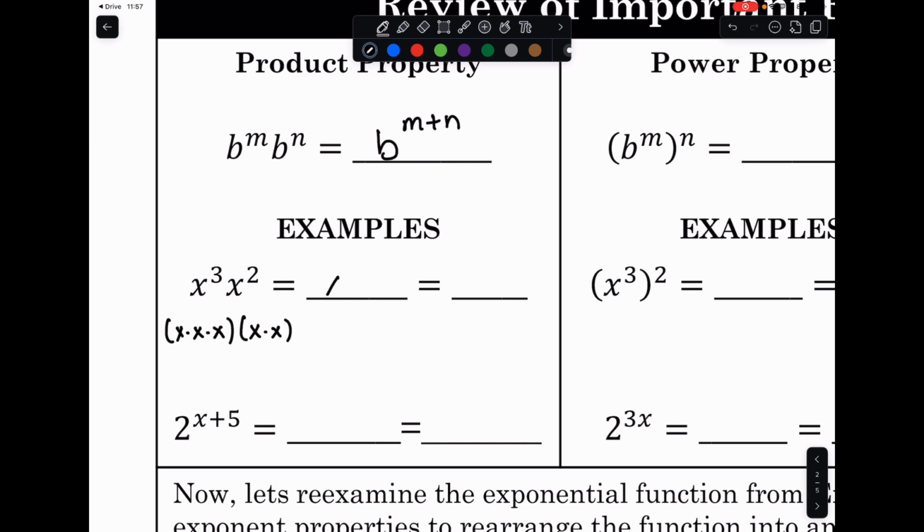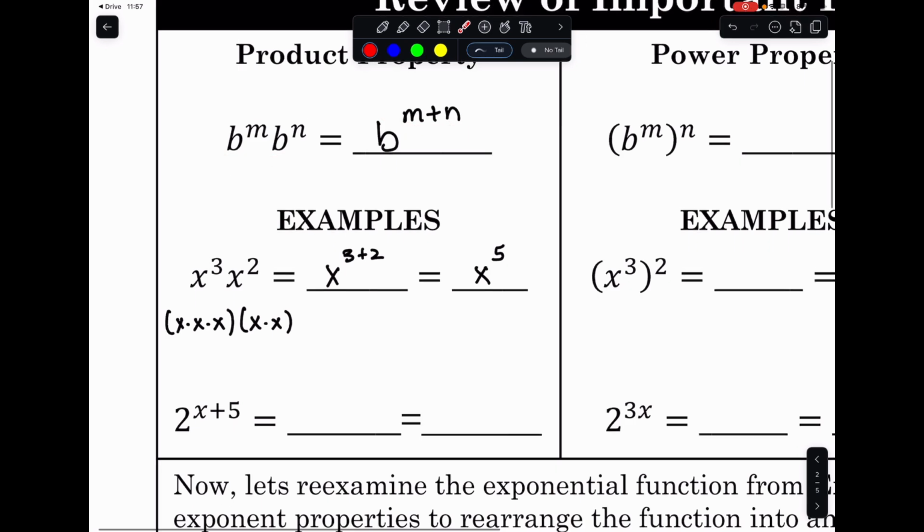So here, this is going to equal x to the 3 plus 2, which is x to the fifth power, which makes sense because if we look at the number of factors that we have, x to the third is x times x times x, and x squared is x times x. The number of x's that we're multiplying here is a total of 5. 1, 2, 3, 4, 5. So we end up with x to the fifth power. That's why this rule is equivalent to this.